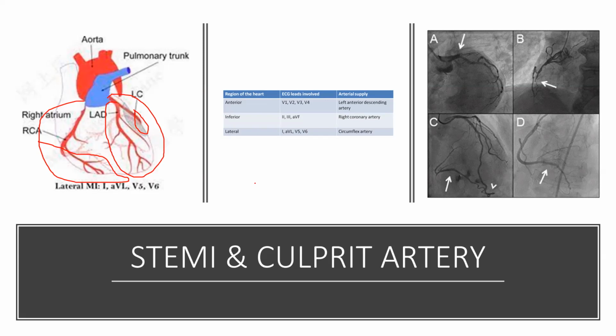Circumflex coronary artery. Correct. If I have an anterior MI, I would have a pathology in the left coronary artery. Excellent.